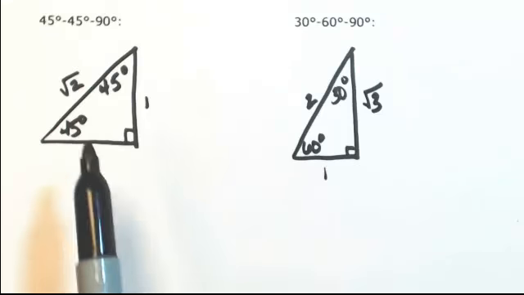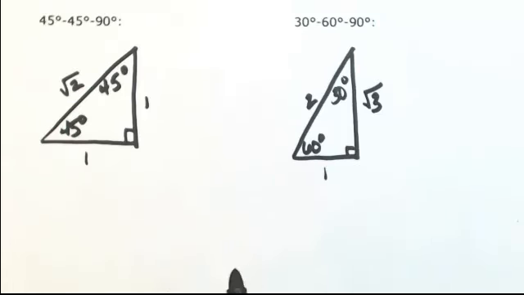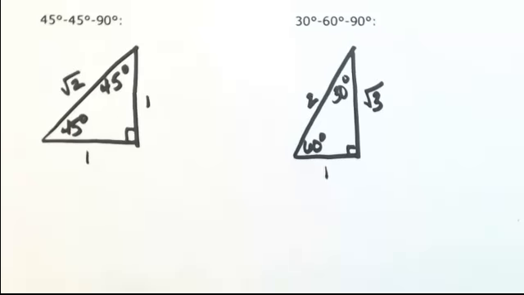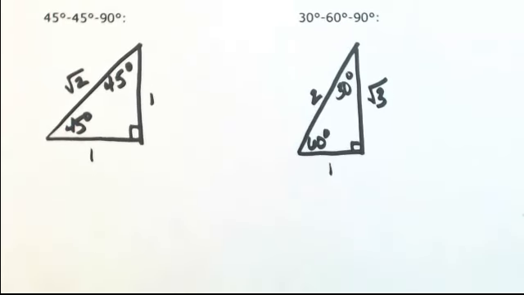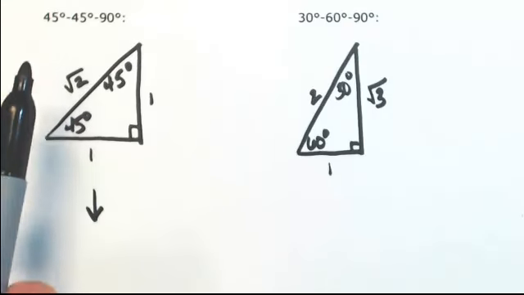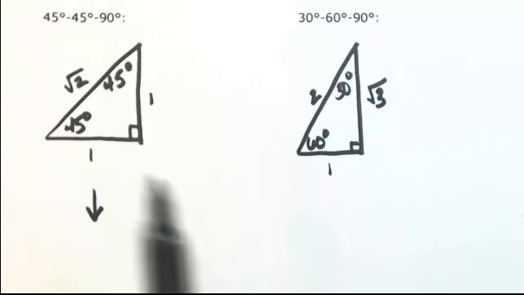So what we're going to do is take these triangles and put them inside of the unit circle, which means that the radius needs to be 1. So these hypotenuses need to become a 1. So we're just going to shrink them a little bit. For the first triangle, we're going to divide all the sides by the square root of 2.